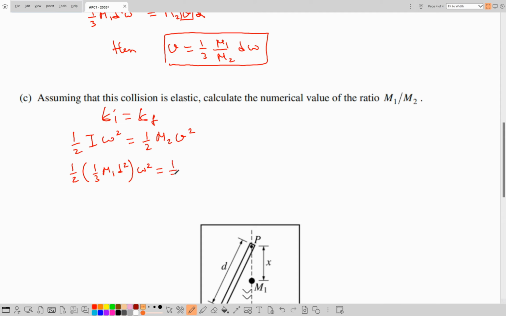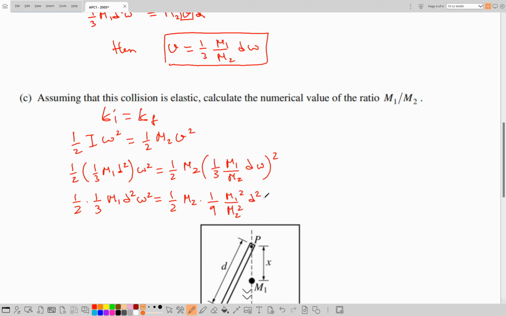That would be equal to half m2. And because v has been determined in terms of omega, let's replace it. Now that would be 1/2 times 1/3 m1 d squared omega squared is equal to 1/2 m2 times 1/9 m1 squared over m2 squared d squared omega squared.